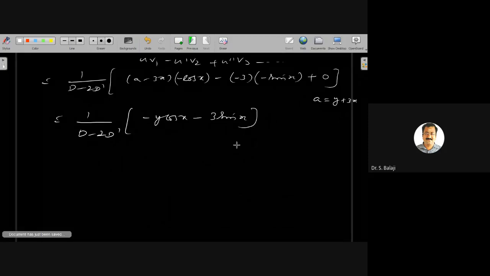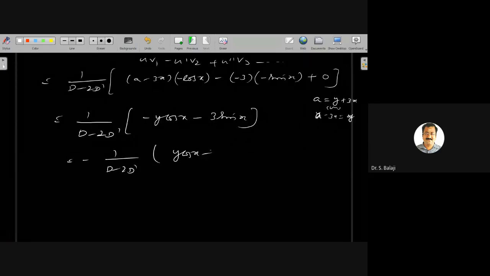Here a − 3x is replaced by y. Taking the minus outside, we get −1/(D − 2D′) of (y cos x + 3 sin x). Now you have to operate this one here.